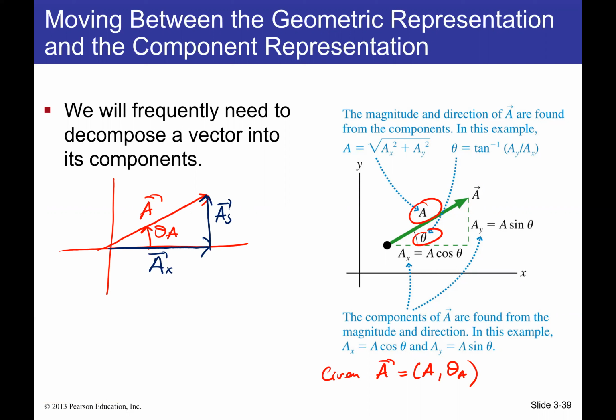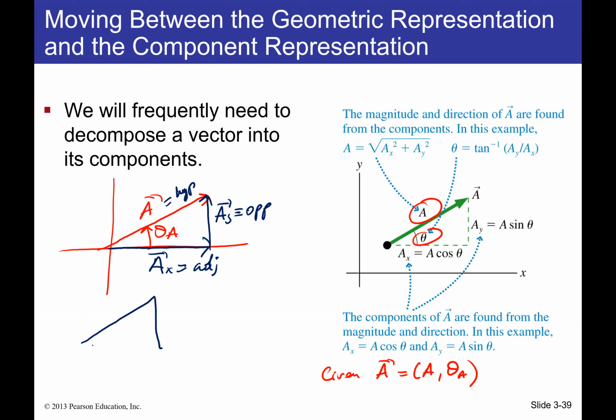What I can see from this is that I constructed a right triangle where Ay is the opposite side of this triangle, Ax is the adjacent side, and A is technically the hypotenuse. And I know that I can relate those three things.